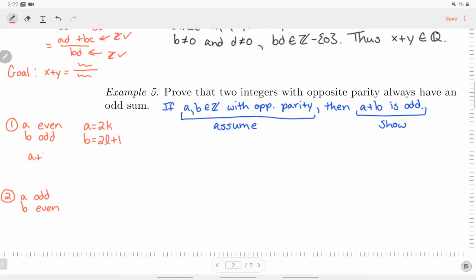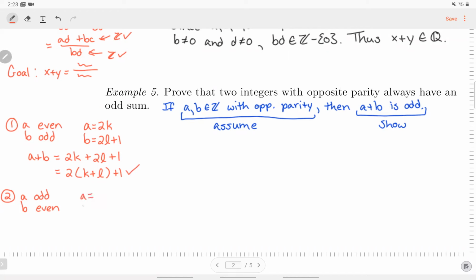So a plus b is 2k plus 2l plus 1. So 2 times k plus l, plus 1. And that is the form I need to be odd. I have 2 times an integer plus 1. So that is odd. That's what I want.